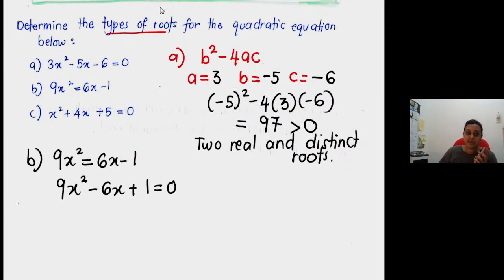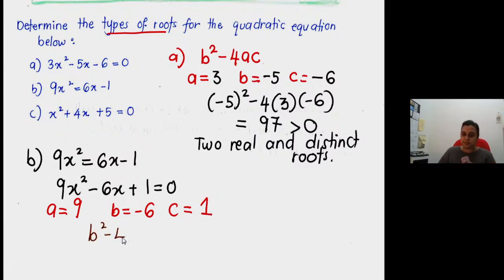So you identify your a, your b and c first. a is 9, b is -6, c is 1. Immediately substitute into the formula b squared minus 4ac. So b is -6 squared minus 4ac.